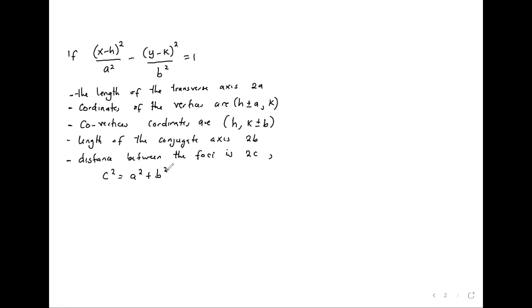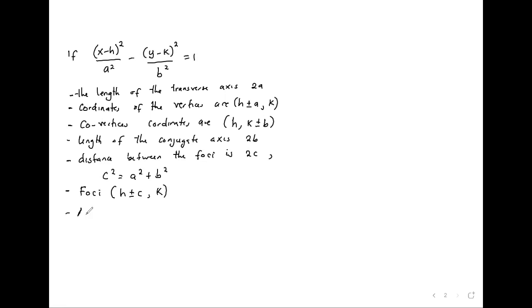So c is bigger than a, c is bigger than b. And then the foci are h plus or minus c, comma k.